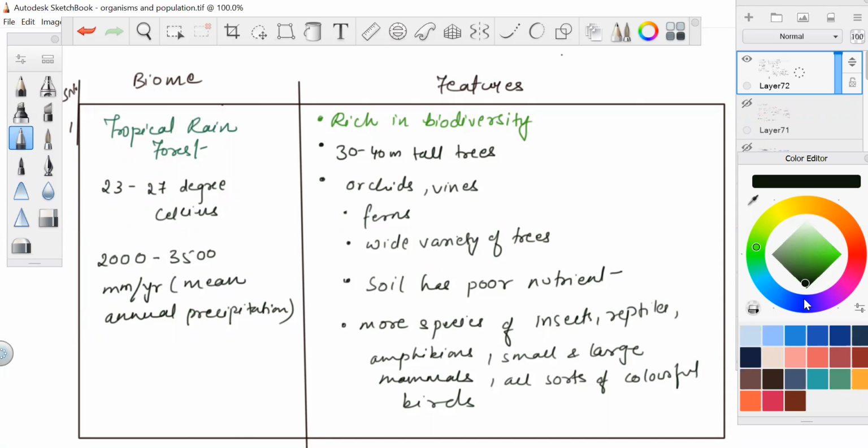The type of trees comes from the family Dipterocarpus and Hopea. So all the timber comes under this genus, Dipterocarpus.